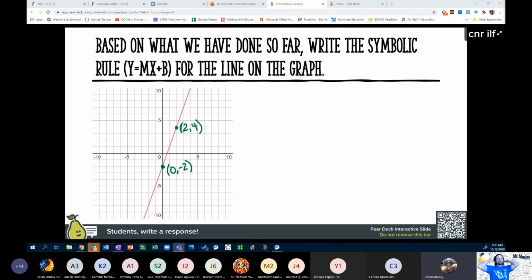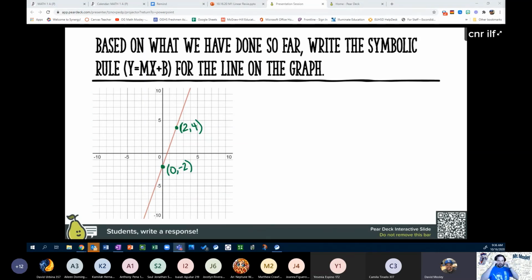So, okay, first, the correct rule, right, would be y equals 3x minus 2. Type it in the chat as well. All right, it's going to be y equals 3x minus 2.